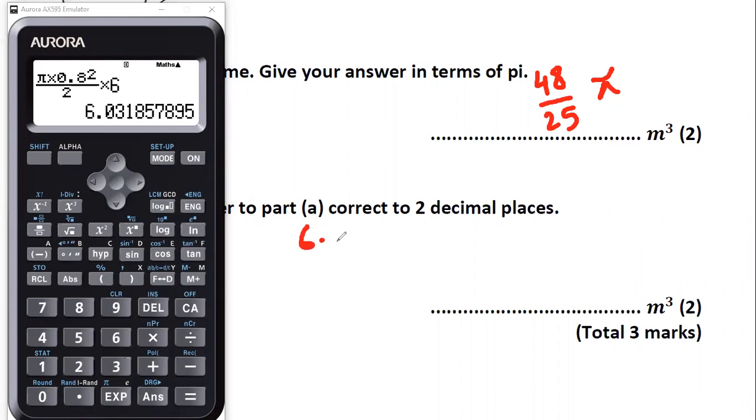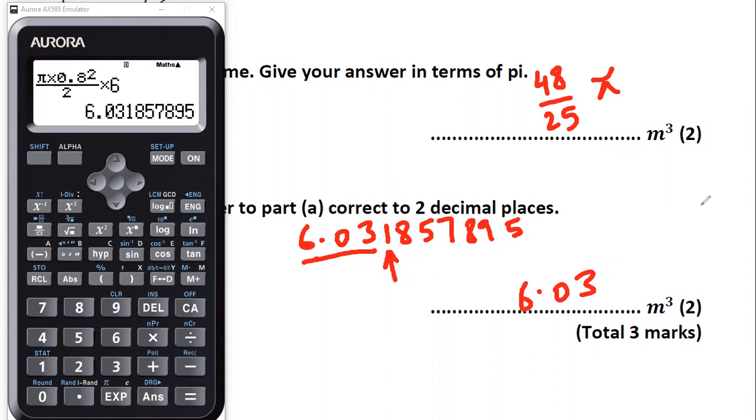So I would write 6.031857895. We are required to write only 2 decimal places, so that's why I'm interested in the 2 digits after the decimal point, and looking at immediately next digit. That's not 5 or bigger, so that's why I will just write it 6.03. That is my final answer.